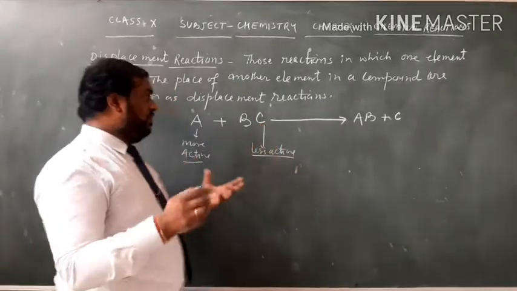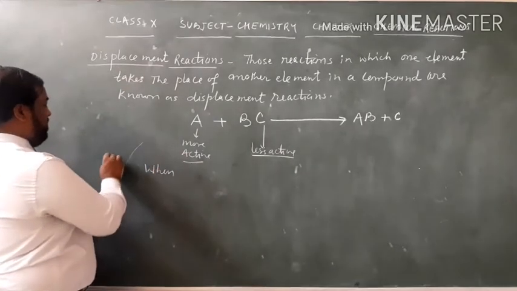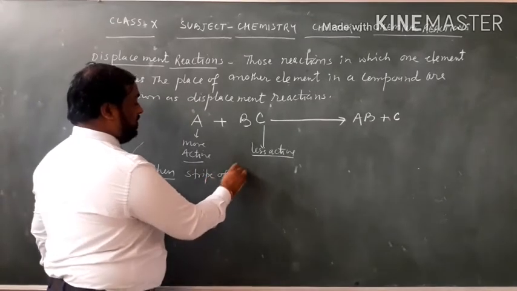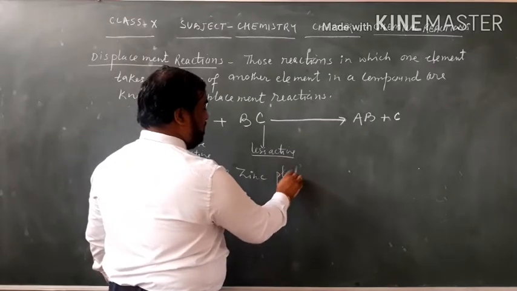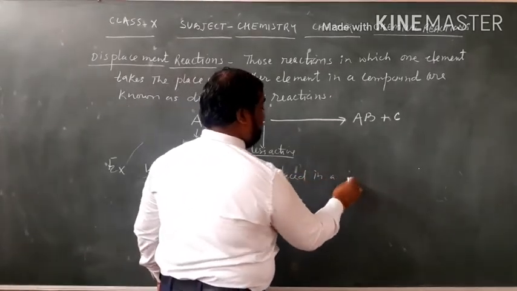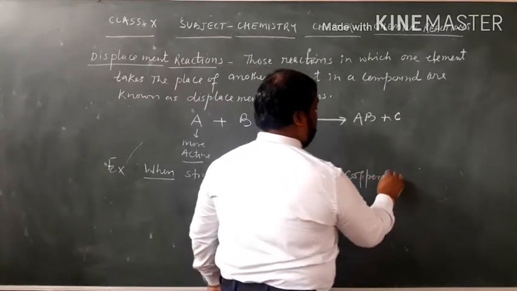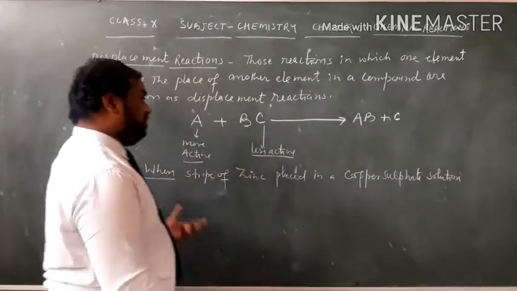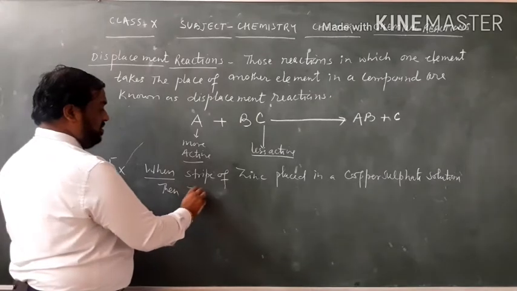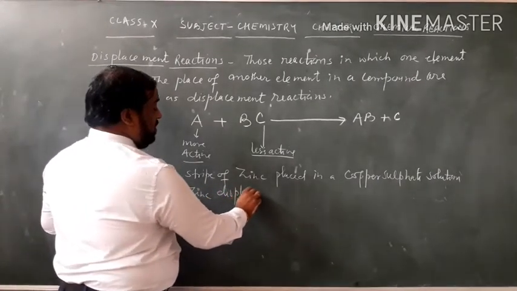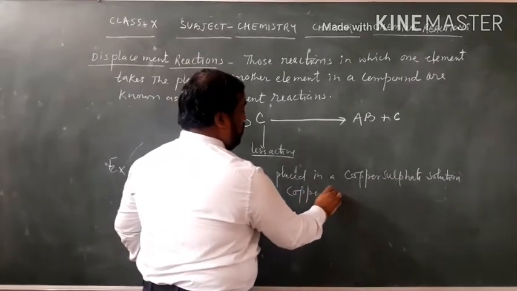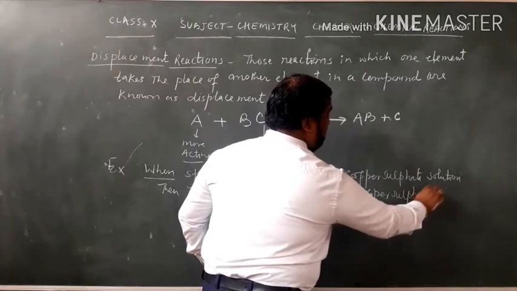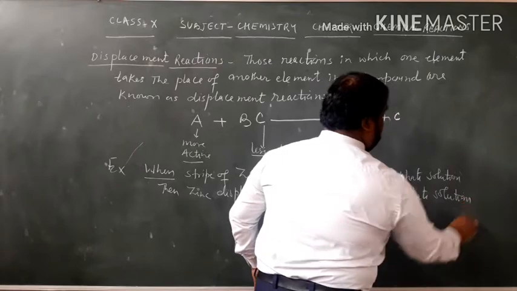In general view, for example, when a strip of zinc is placed in a copper sulfate solution, then zinc displaces the copper from copper sulfate solution.